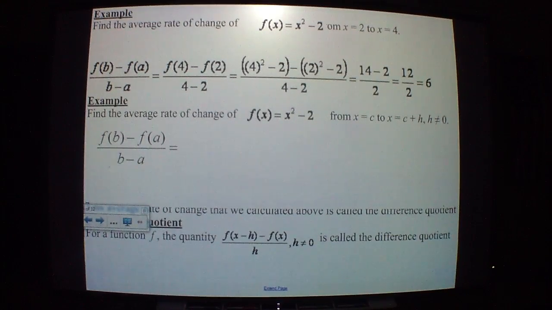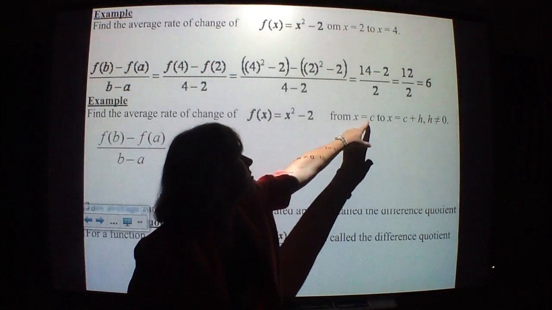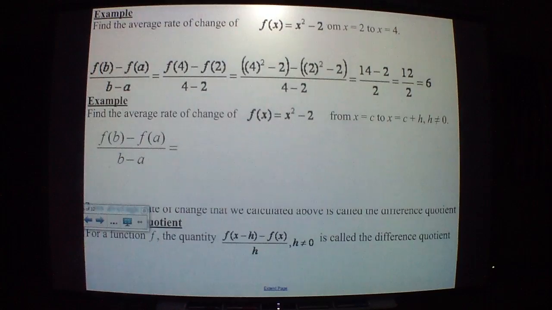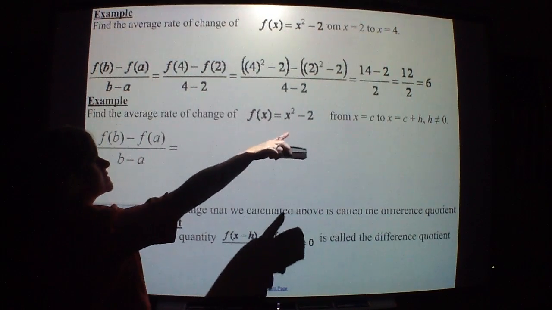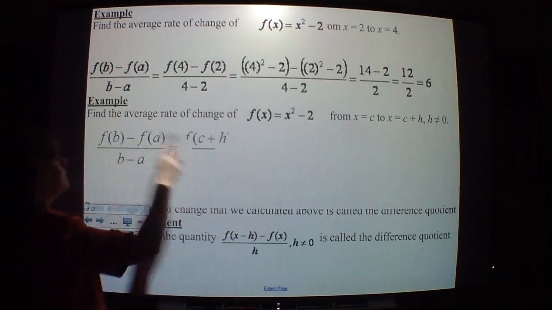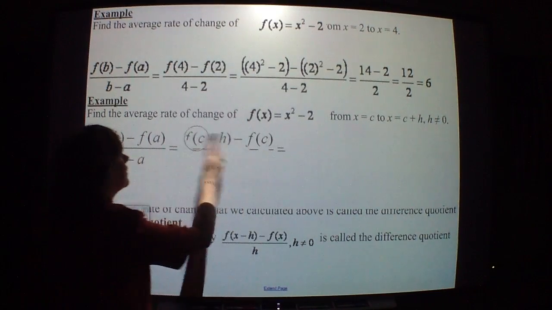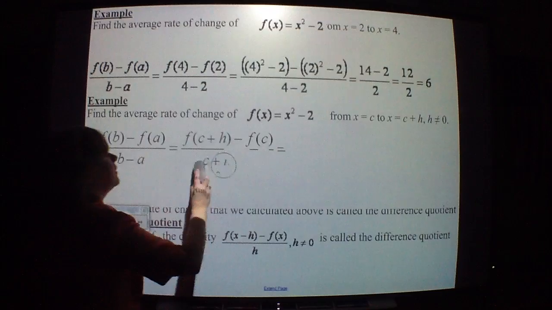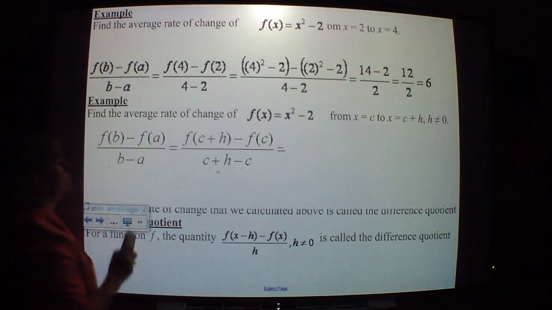Okay? Now I want to find the average rate of change of x squared minus 2, but this time it's going from c to c plus h. So let's plug that in. It's f of b, which is f of c plus h, minus f of c, over c plus h, which is my b, minus c, which is my a.